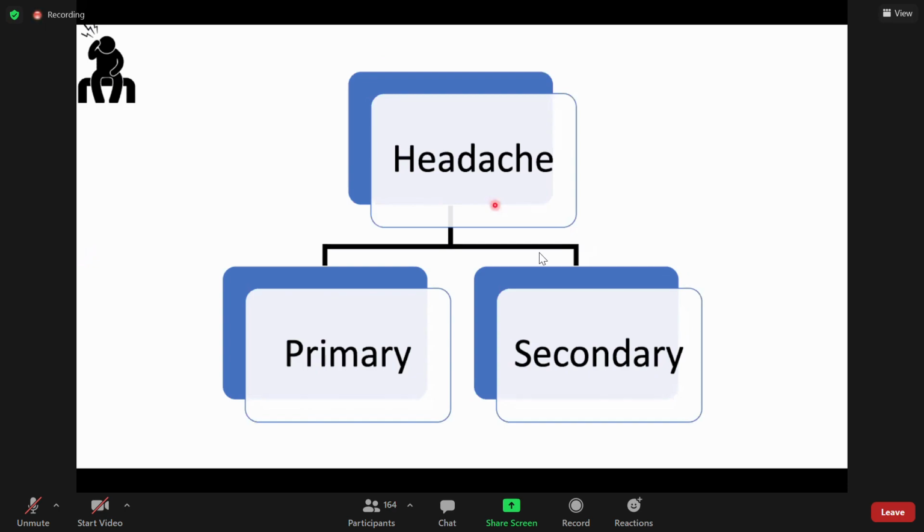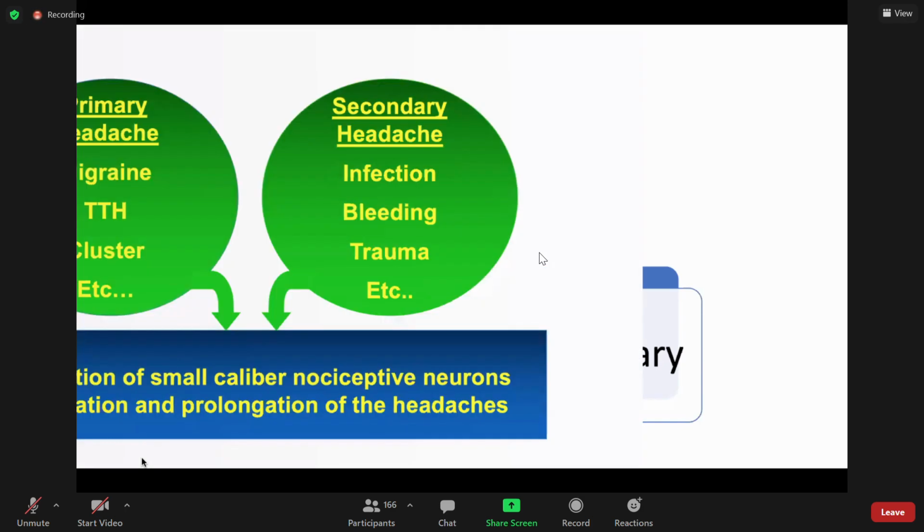So in primary headache, we have this alarm, which is pain, sounding without an underlying significant or serious pathology. The secondary headache, on the other hand, is a true alarm that there is something that needs to be attended to in a different way.